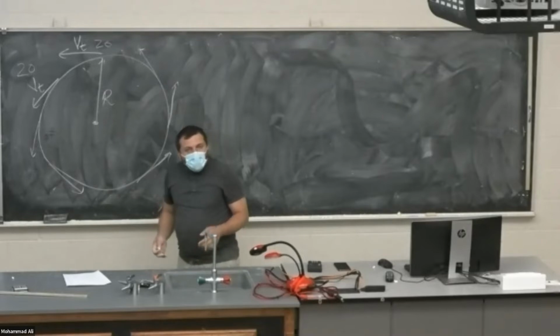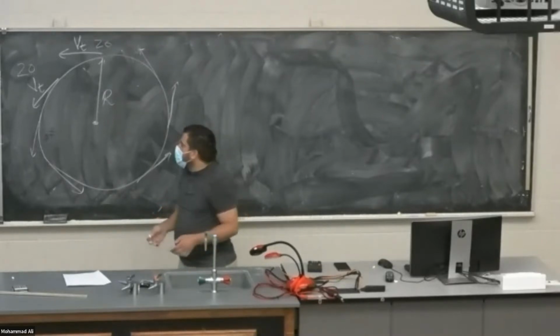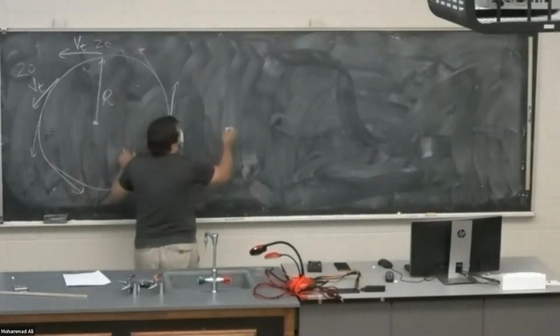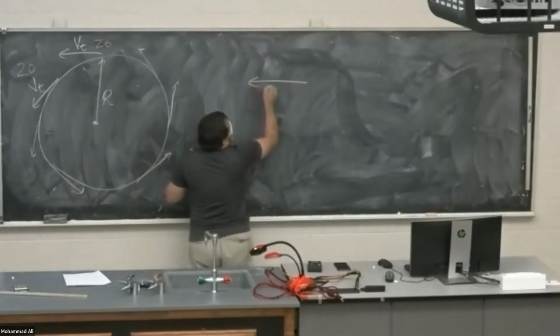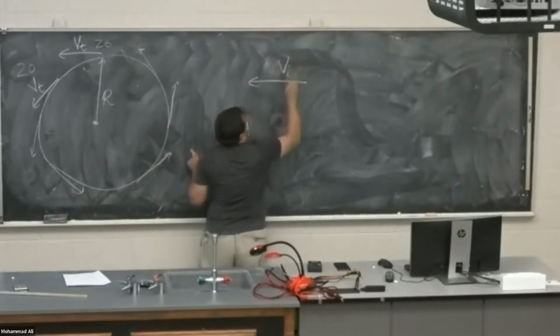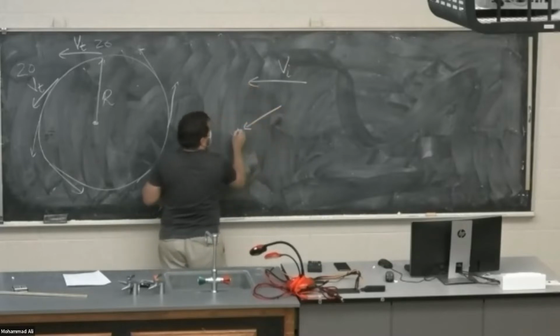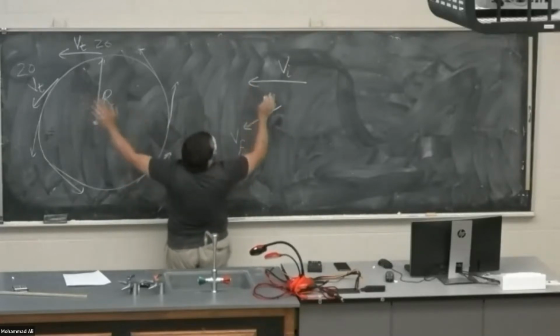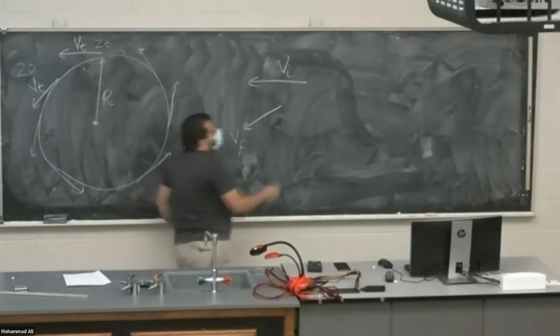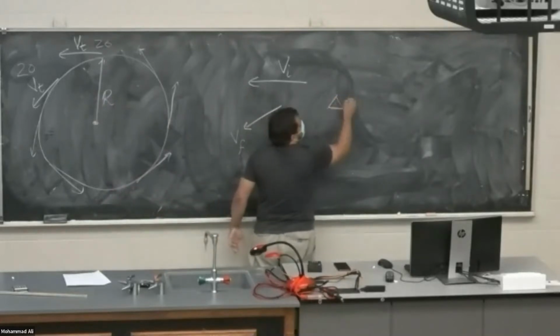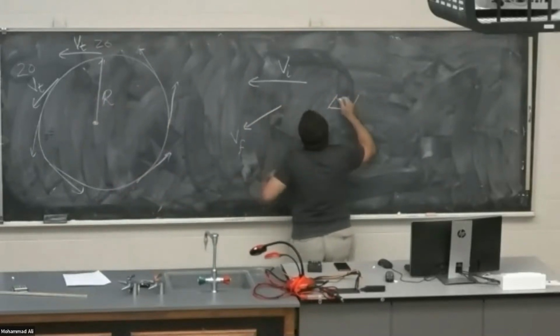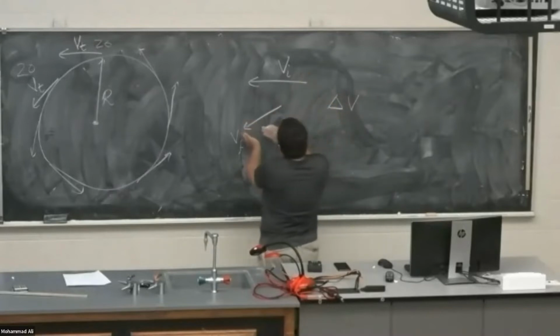I think I talked about that before. When we write this vector, V initial, and this is V final, they are the same speed. I need to find delta V. It is equal to V final minus V initial. This is V final.